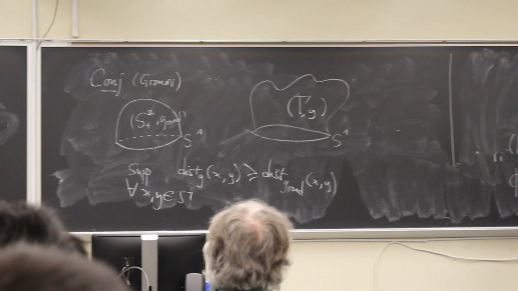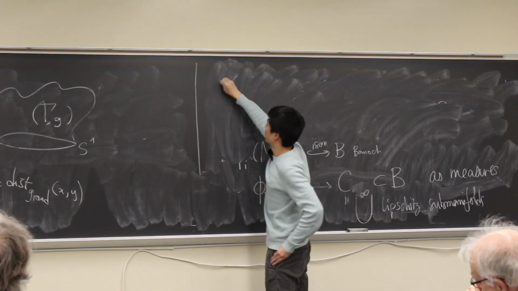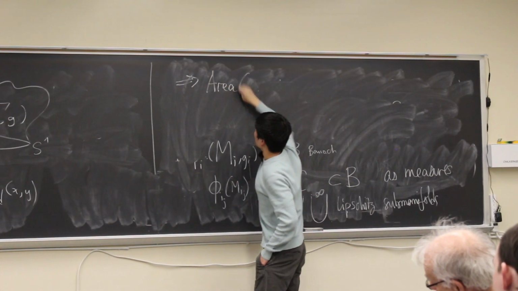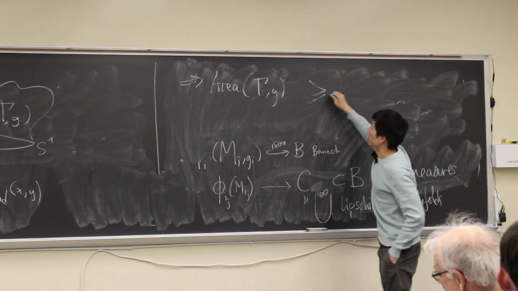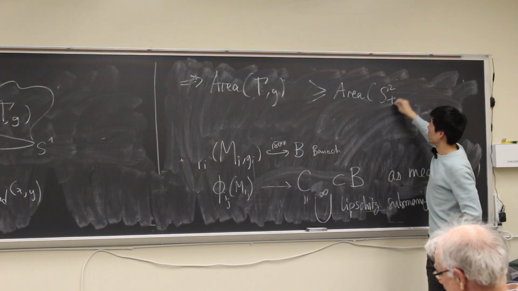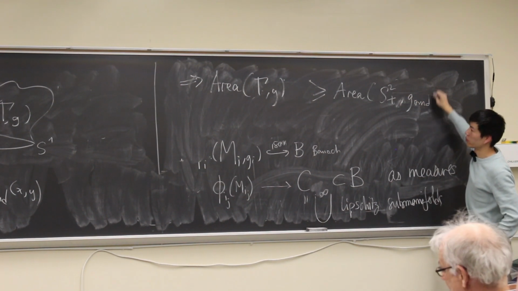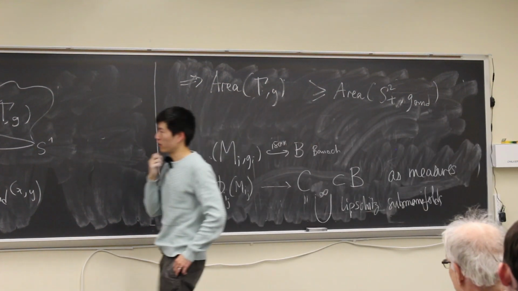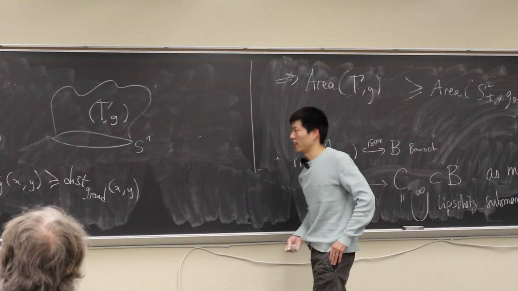So conjecturally, the area of omega for G is at least the area of S2 for the round metric. So the first time I saw that, I couldn't believe it was still a conjecture, but after 2 weeks of trying, I had to admit I didn't understand this conjecture, and I had to move on.